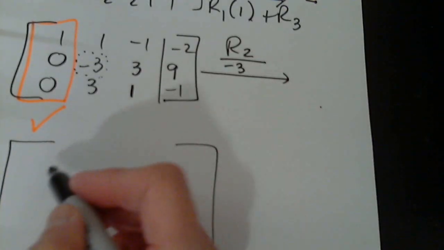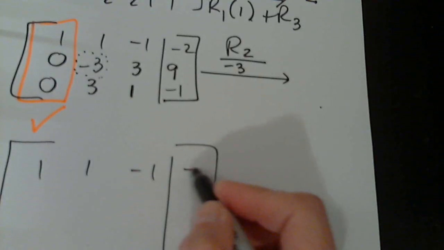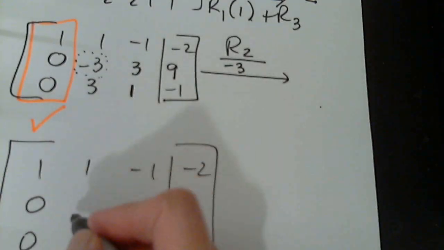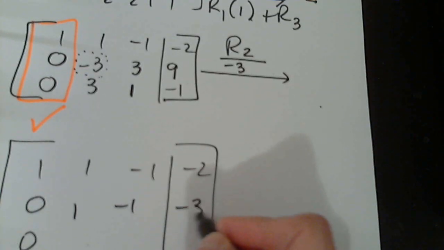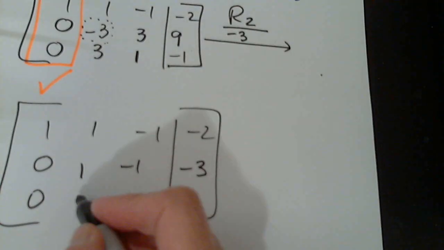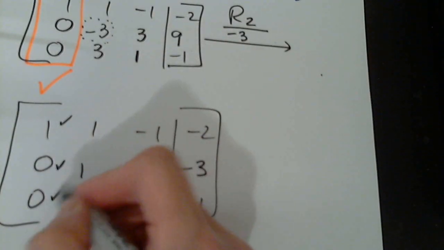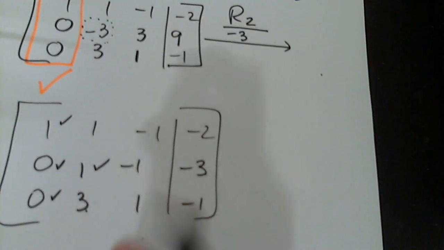I copy 1, 1, negative 1, negative 2, 0, 1, negative 1, negative 3. 3, 1, negative 1. So I have exactly what I wanted, and I also obtained the 1 in the middle of column 2.